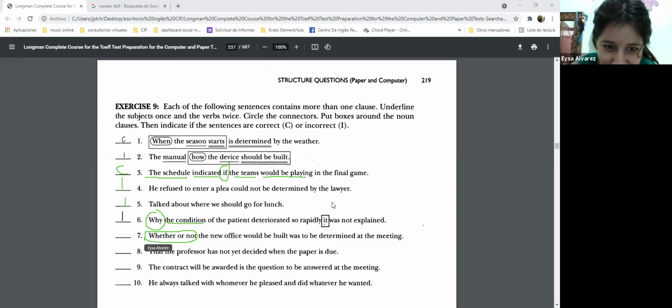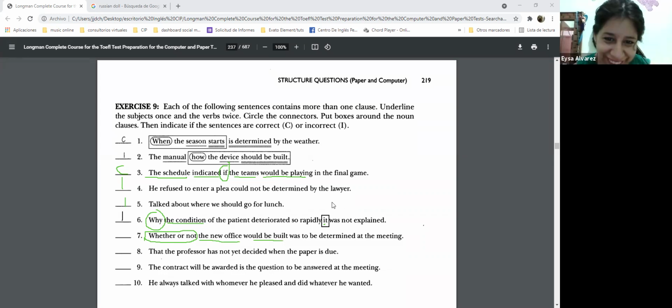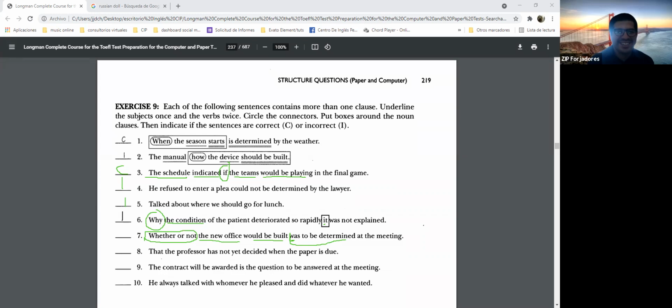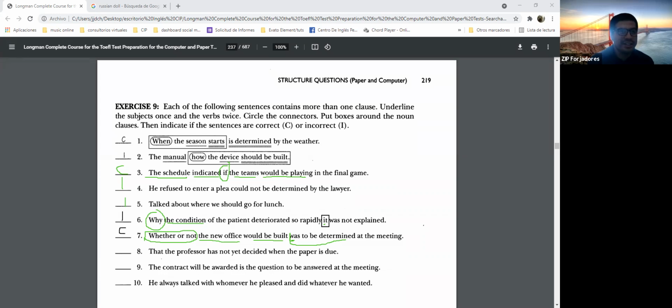Good. "The office" is the subject, "will be built" is the action. And here we have also the action "was to be determined." So I think it's correct. Very good. Excellent. Correct. Okay, good. So let's go with number 8.